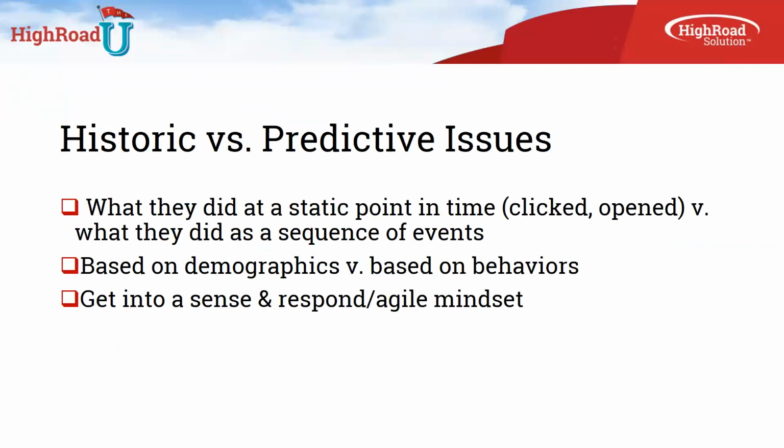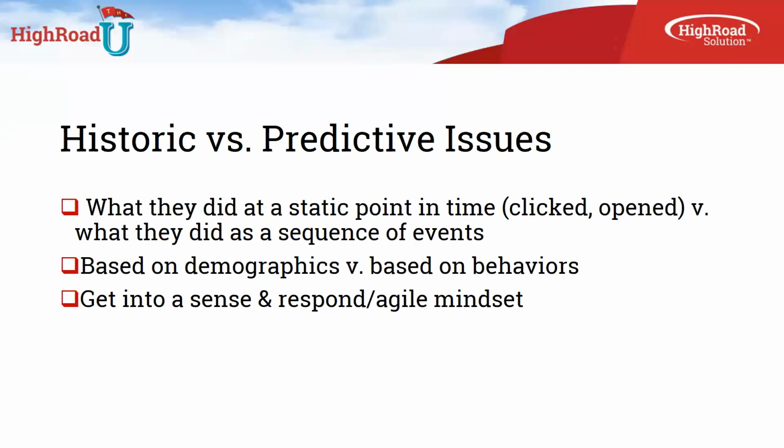Now, from a historic versus predictive standpoint, when we come in and talk about what metrics you have, do you have a KPI dashboard for your organization? What are you looking at in digital? Even though it's 2017, 9 times out of 10, we hear that on the KPI dashboard, we have 3 metrics: number of unique visitors per month, number of opens of email, and the number of click-throughs on email.